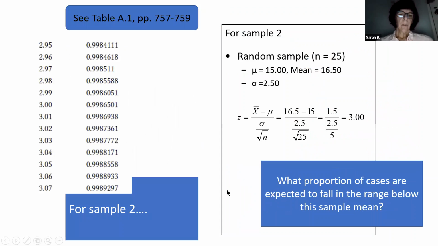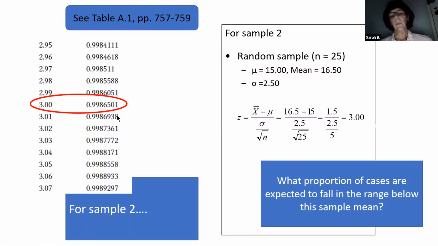So we're going to go on to our second sample. And again, we're going to look. This sample has a Z-score of 3. So we're going to find the section of our table that includes Z equals 3. And we're going to look along it for the row where Z equals 3, and we find 99.8687% of the population, or 0.9986 or 7 with rounding.